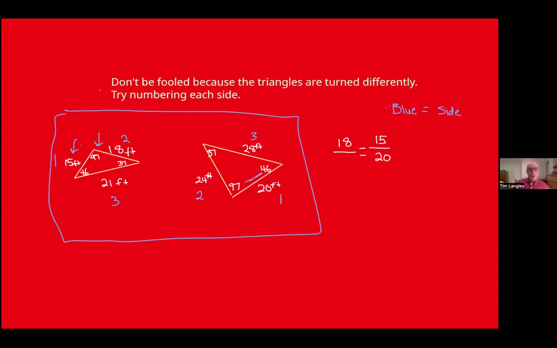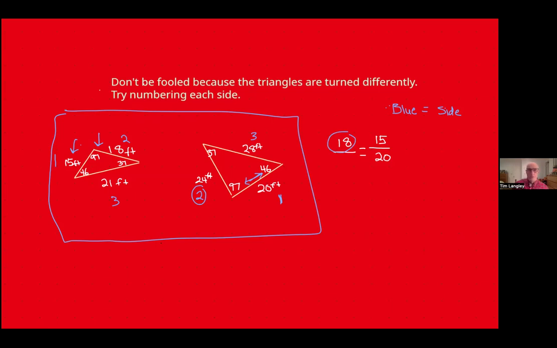My number 2 is for the 18-foot one. Coming back to the left triangle, it's between 97 and 37. I'm going to go back to my other triangle, 97, 37, named it 2 right here. And then by default, the other one's 3. Now I've got this little fraction over here on the side, 18. 18 is side 2, over what? Well, it needs to go over side 2.